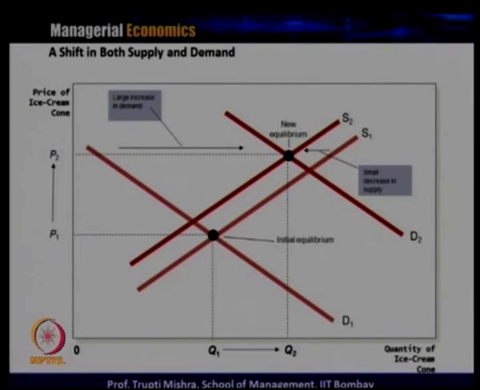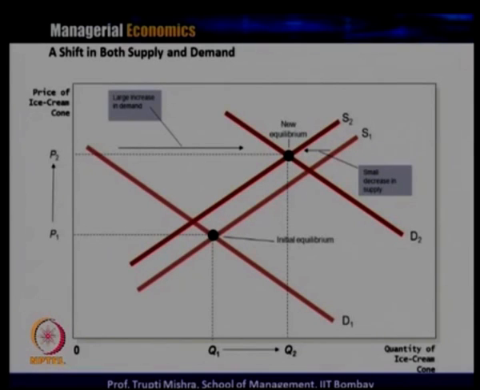In this case, there is an increase in the demand that shifts the demand curve from D1 to D2, and there is a decrease in the supply that shifts the supply curve from S1 to S2. Corresponding to the new level of demand and supply, that is D2 and S2, we get the new equilibrium price as P2 on the y-axis, and the new quantity as Q2 on the x-axis.